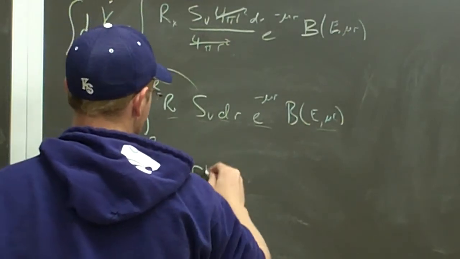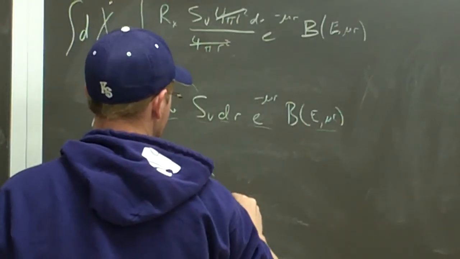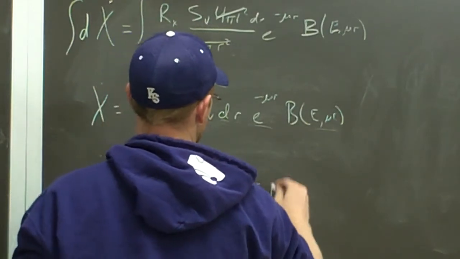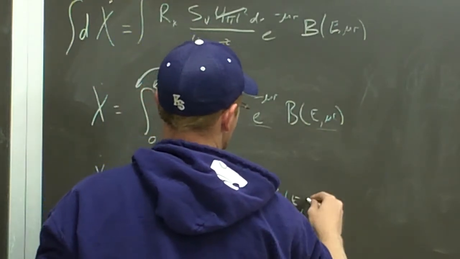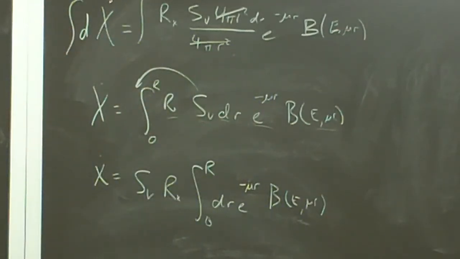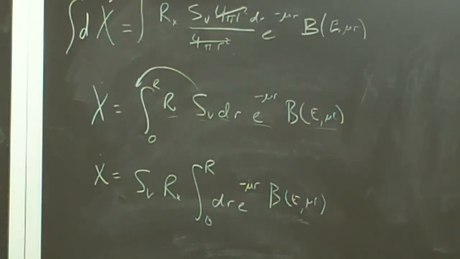So you have to leave that in there. Okay, very important to leave that in there because the buildup factor is going to change however far away you are. And there's points on this test, that's why I'm harping on it.